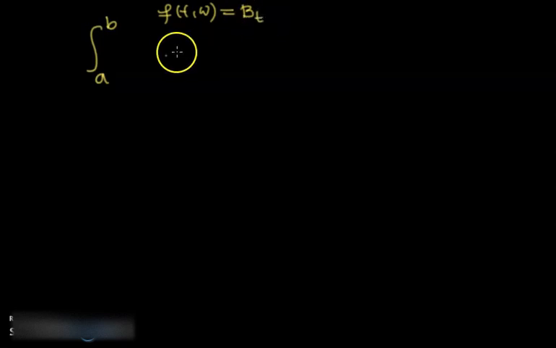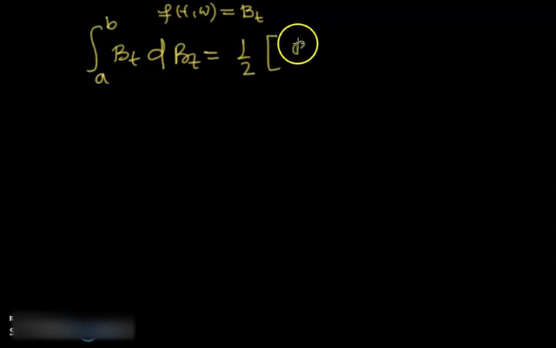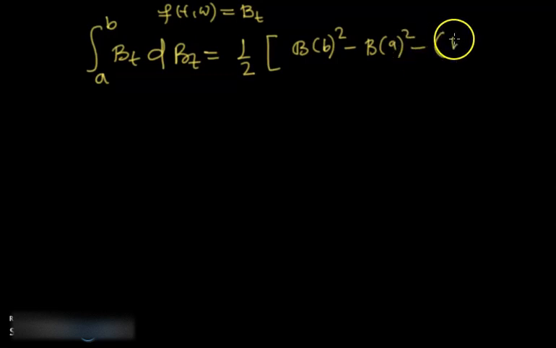With the help of the Ito lemma, we will come to know that if we want to compute the Ito integral of a stochastic process f of t comma w, let's say I'm fixing a function which is Brownian motion itself, so I want to compute the Ito integral of Brownian with respect to Brownian, it turns out that this is equal to 1 over 2 times the bracket of Brownian computed at b squared minus Brownian computed at a squared minus (b minus a).